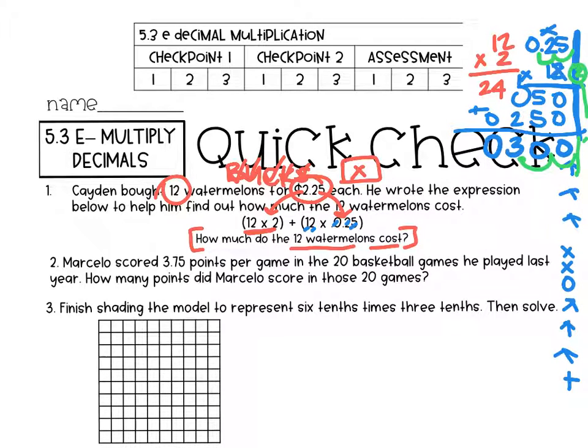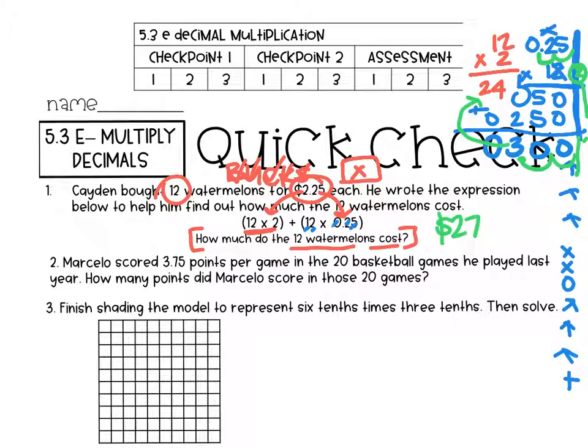So my answer here is $3. So I've got to add $3 to the 12 times 24, and you can do that, or you have another option, and that answer would give you 27. Okay. Or your other option is to multiply 12 times $2.25 exactly how it's written.